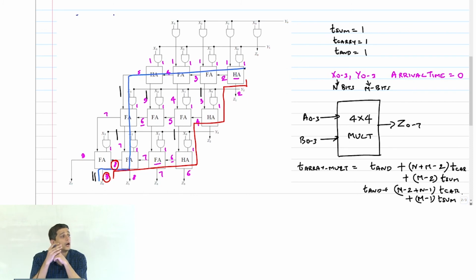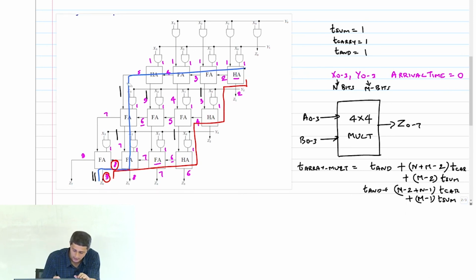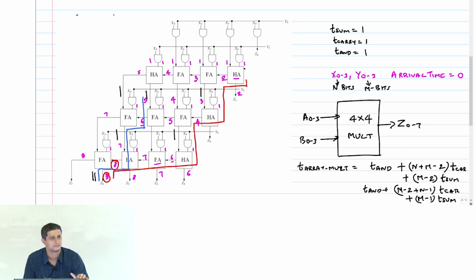I think, why? No. Yeah, okay, I agree in the sense that this blue line has to go through this and then come here. Then it has to go here. Yeah, you're right.